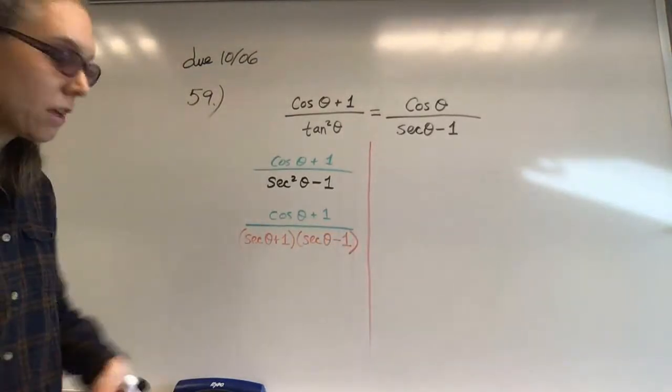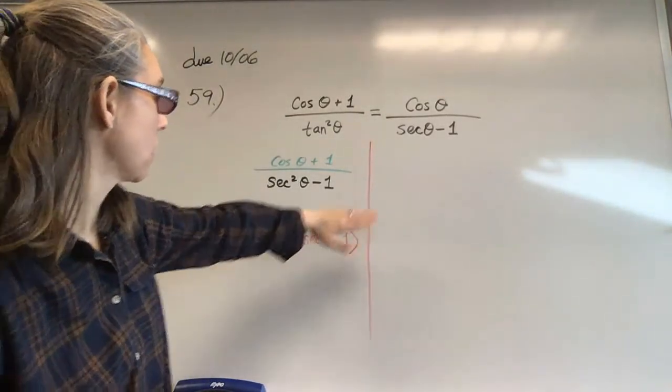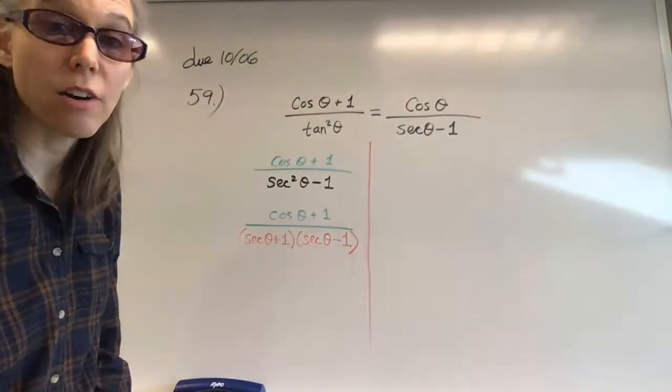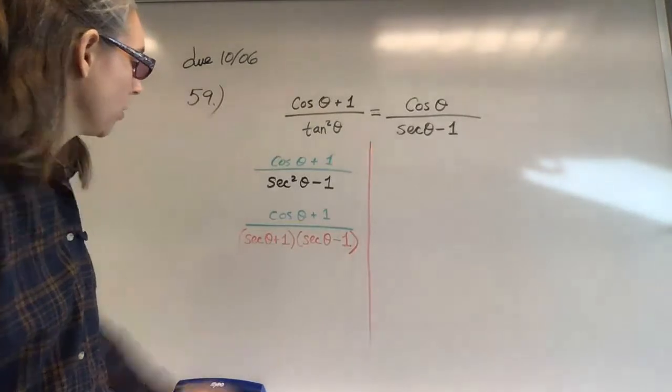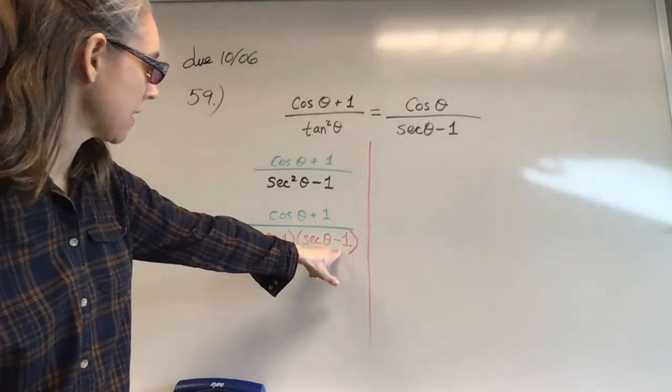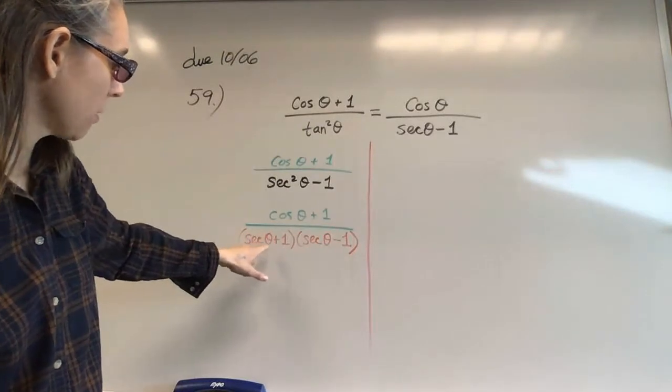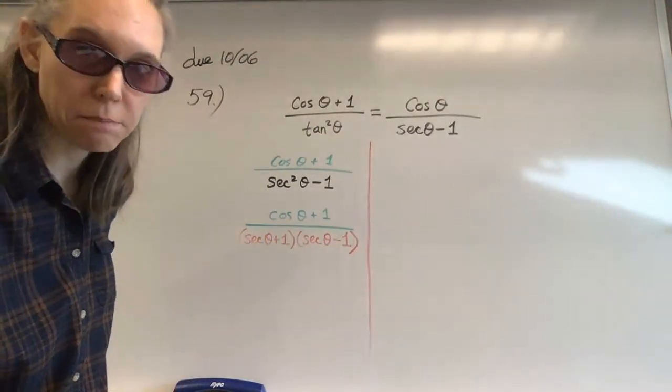So I've gotten this part to look like this part, but now I have some extra stuff that I have to figure out how to get rid of. If you know that this part needs to stay intact, then don't tinker with it. But secant theta plus 1 somehow has to go away.